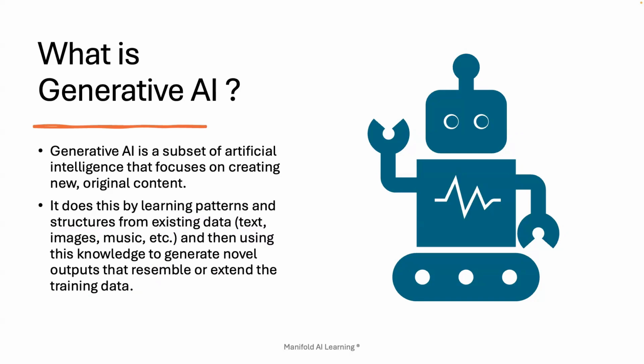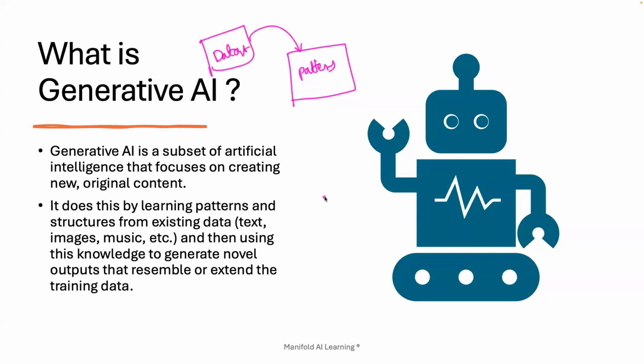Here, the important thing that you need to remember, and I'm sure you might have used in your day-to-day life with ChatGPT or Gemini or similar generative AI, is that this generative AI will learn the patterns from the data set that we provide.